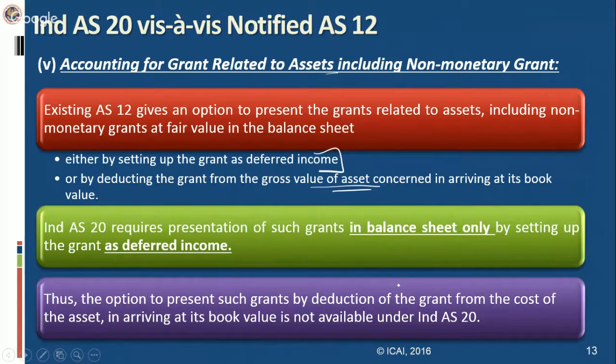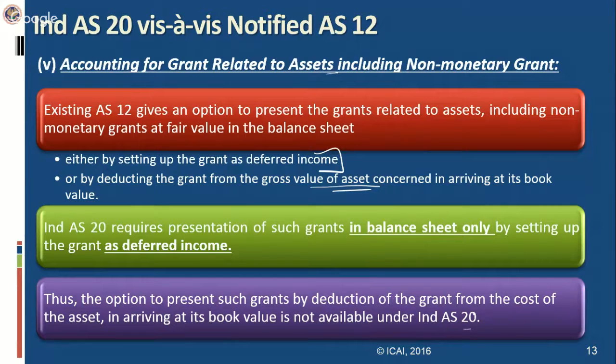This is a concern in arriving at its book value. However, Ind AS 20 requires presentation of such grants in the balance sheet only by setting up the grant as deferred income. Thus, the option to present such grants by deduction of the grant from the cost of the asset in arriving at its book value is not available in Ind AS 20.